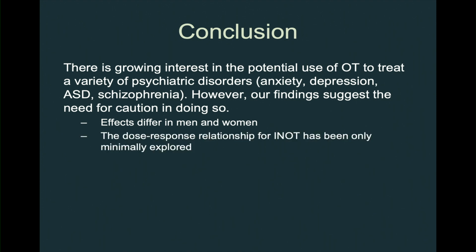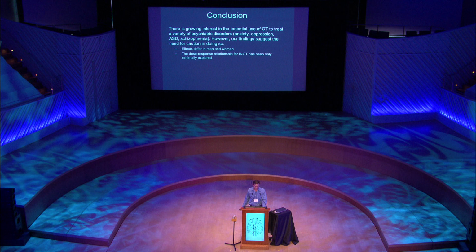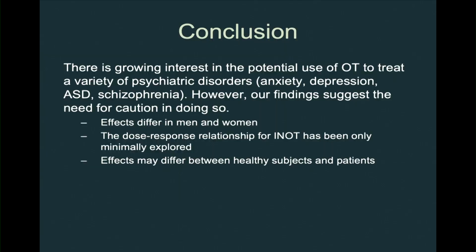Also, with very few exceptions, there haven't been many dose-response studies. So all I did today was talk about 24 units of oxytocin, but maybe if we gave 8 units, the response profile would look very different in women than what we see. Also, effects may differ between healthy subjects and patients. So today I showed you data from healthy subjects, but other people are looking at patients. And it could be that the effects of endogenous and exogenous oxytocin differ.